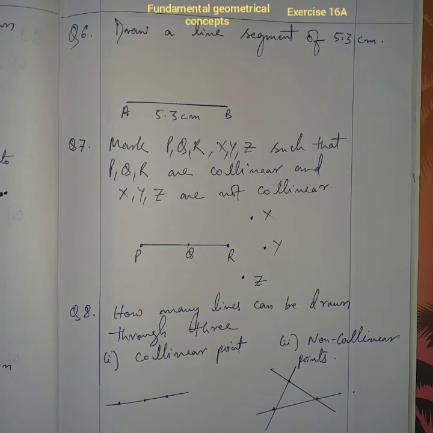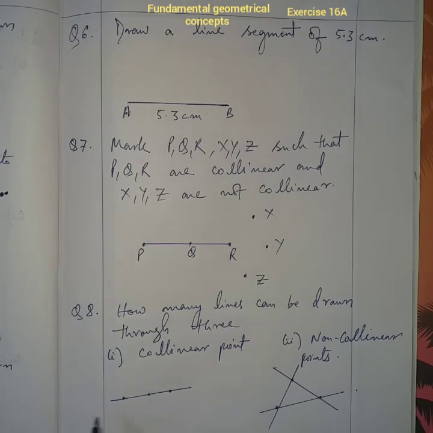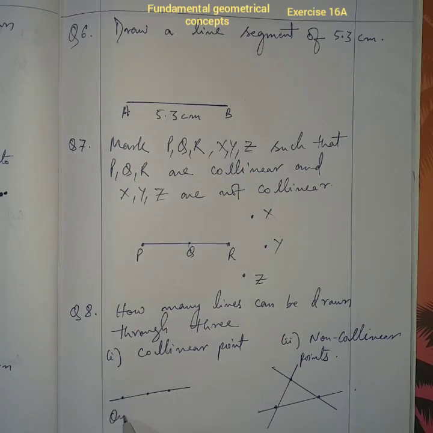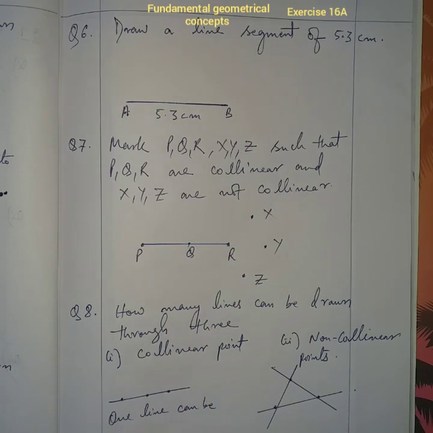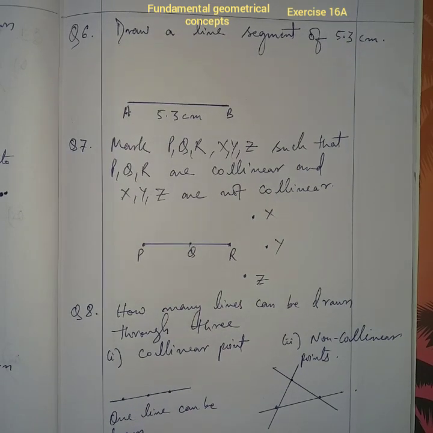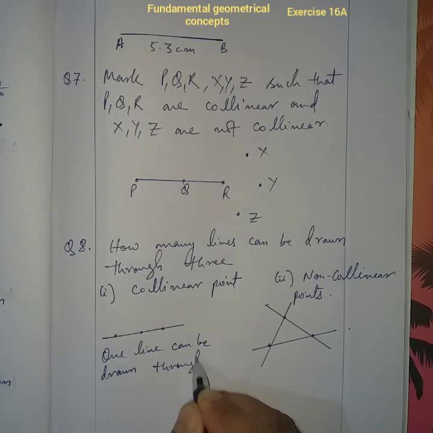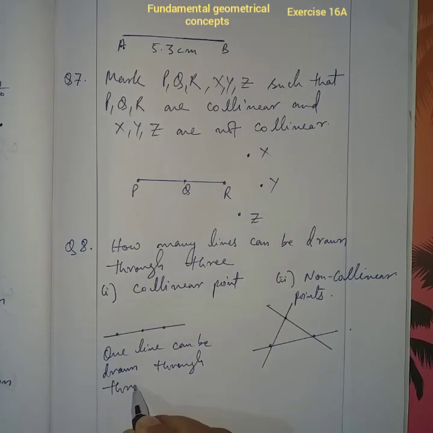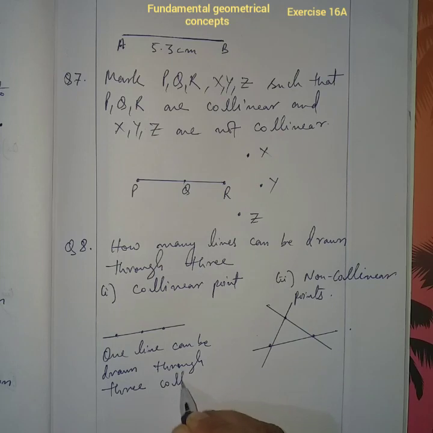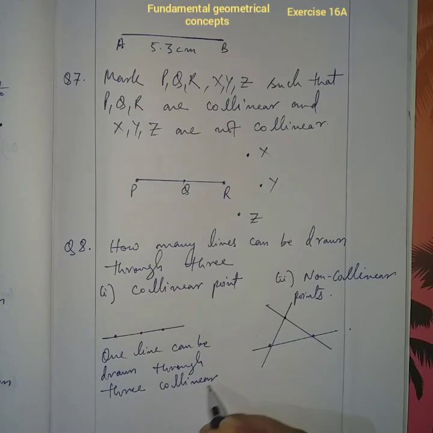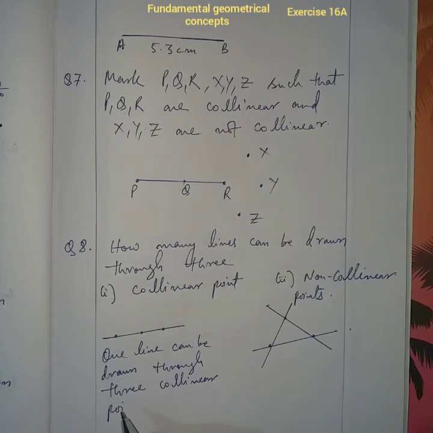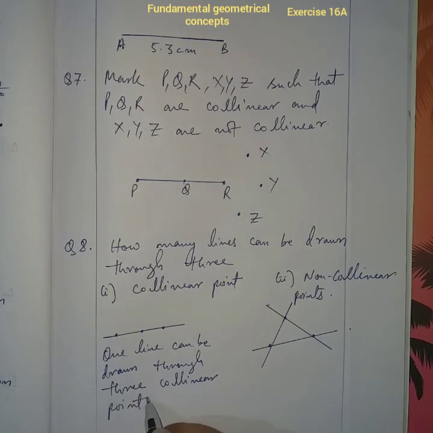So let us write here: one line can be drawn through three collinear points.